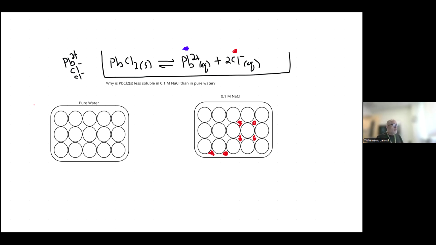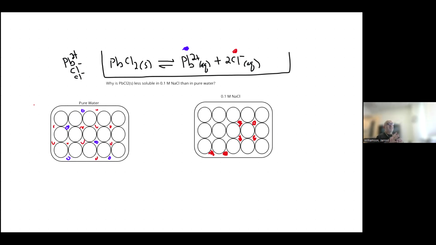In pure water, I'll have the maximum amount of spaces available between the water molecules to accommodate 1, 2, 3, 4, 5, 6, 7, 8, 9, 10.